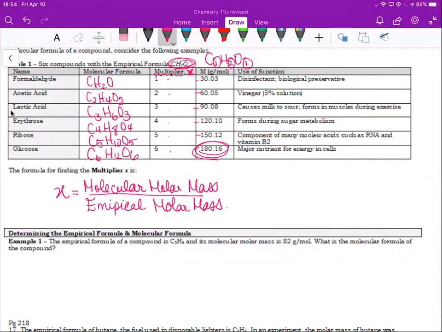So this value here of the molar mass is something that we can collect from one type of experiment, and the empirical formula here is information that we can collect from a mass spectrometer. So by using this formula here to calculate the multiplier X, we're able to identify mystery substances.